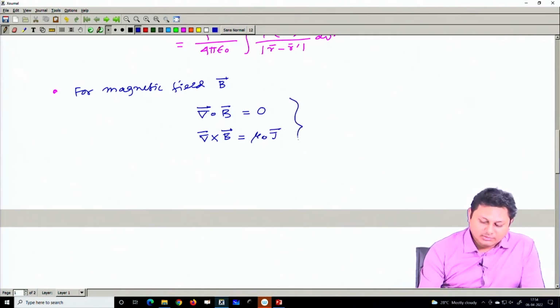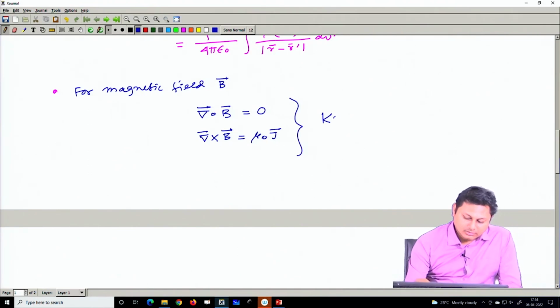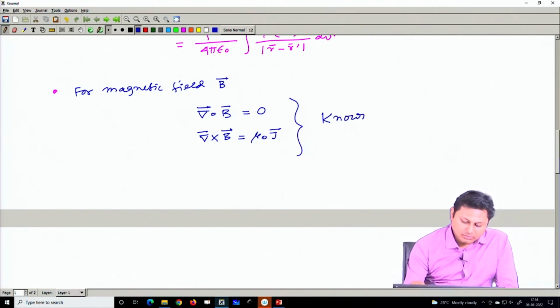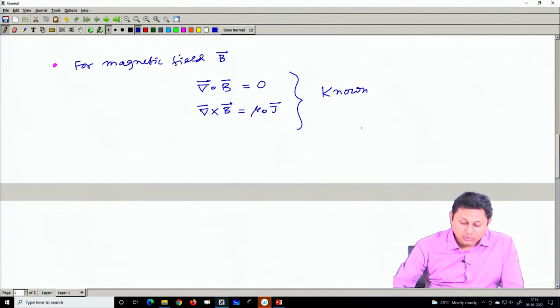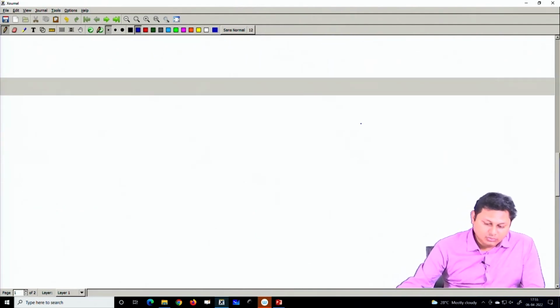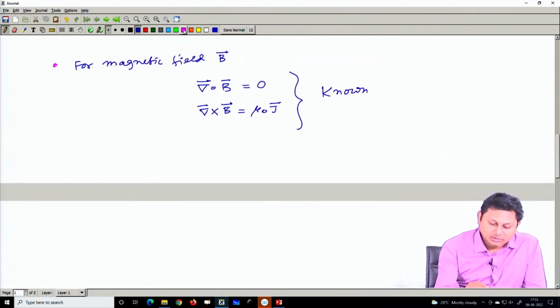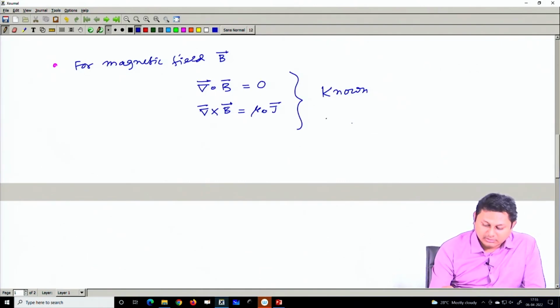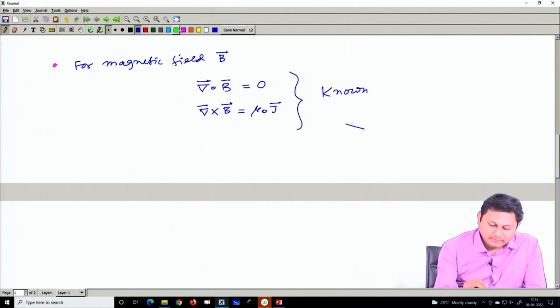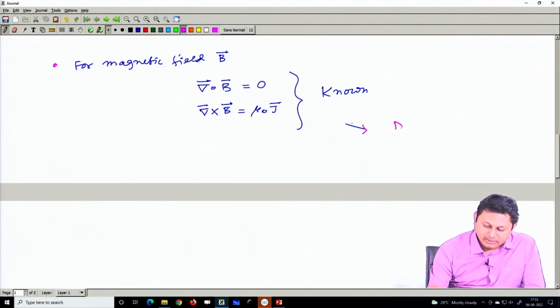So this is again known. This tells me that my D is 0 here and the vector C is mu 0 j.